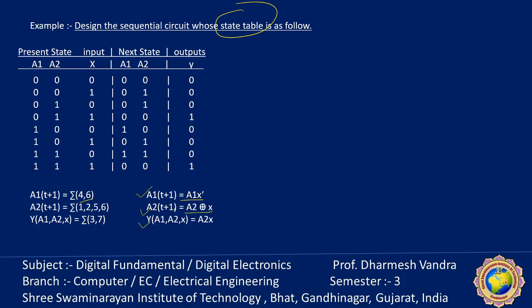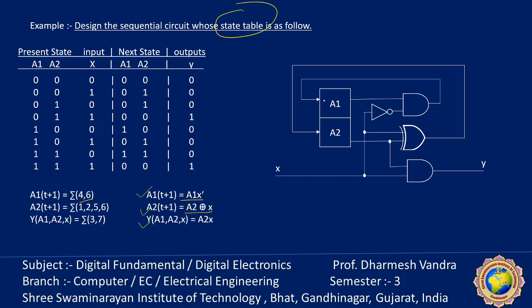Now how do we design that? First, this A1 and A2 is a register, or you can say it's a flip-flop. This stores the information of the present state and next state. The next state is generated by this one, A1(t+1), which is A1 and X dash.